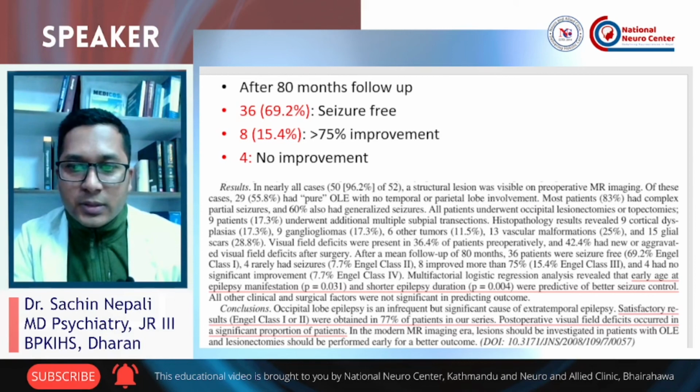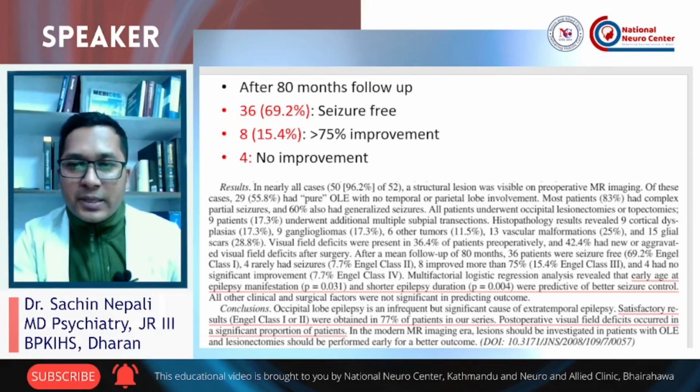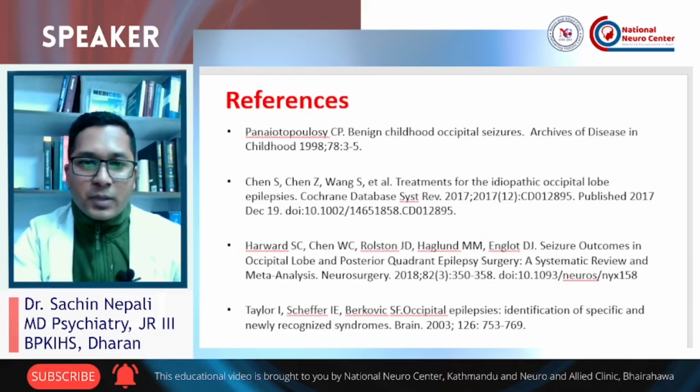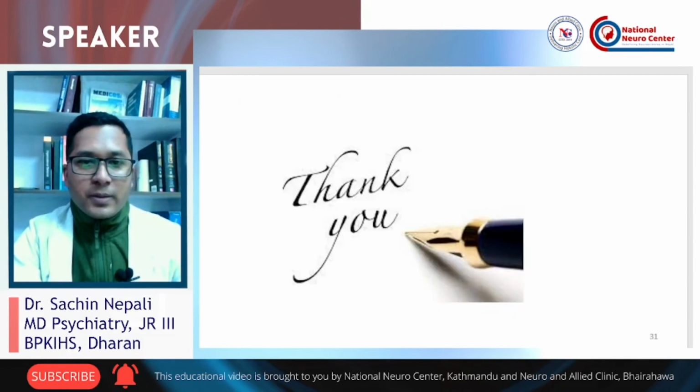This study also revealed that early age at epilepsy manifestation and shorter epilepsy duration were predictive of better seizure control, and overall satisfactory results were obtained in 77% of patients in this series. Post-operative visual field defect occurred in a significant proportion of patients. And these are the references for today's presentation, and thank you.